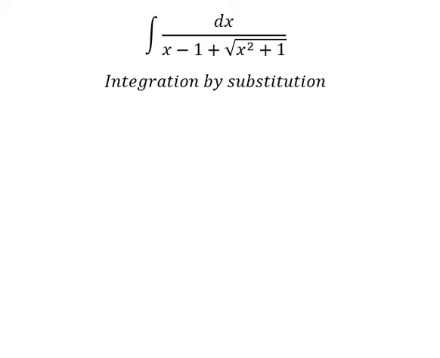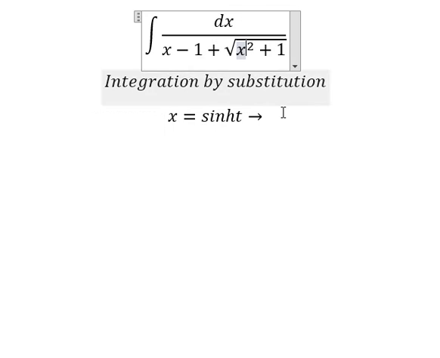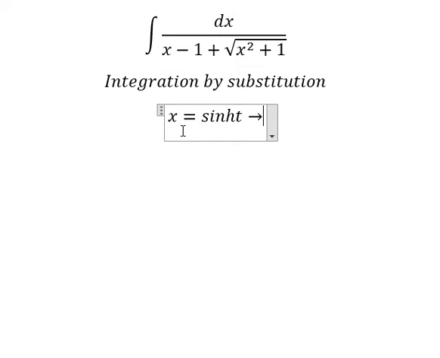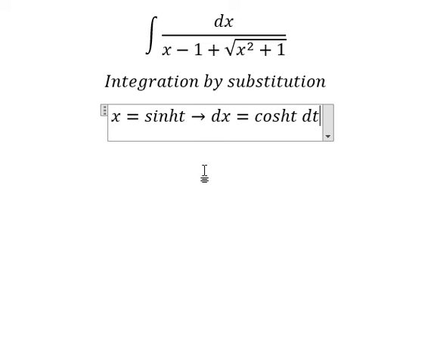So I will put x equals tan t, because if I put this one here, tan squared t plus 1, you get sec squared t. Next, we need to first take the derivative of both sides, and we have sec squared t dt.